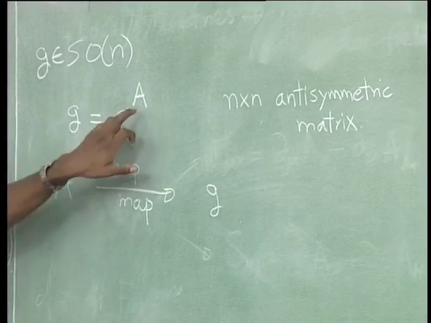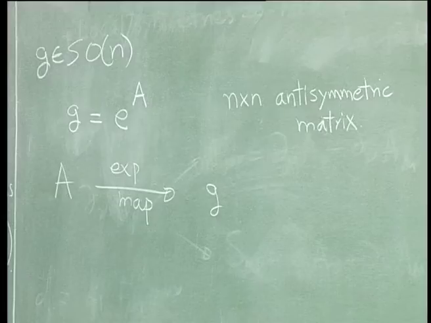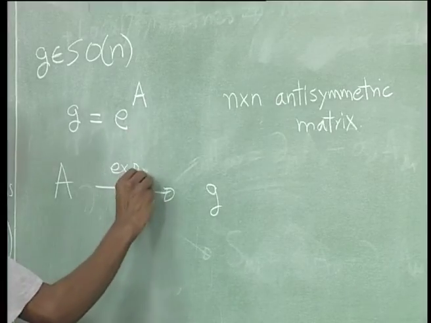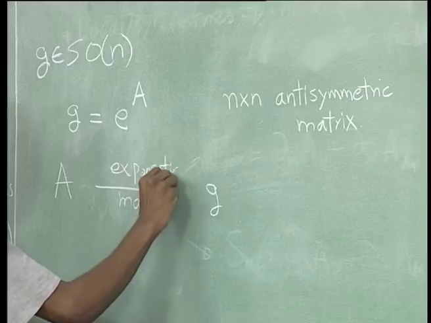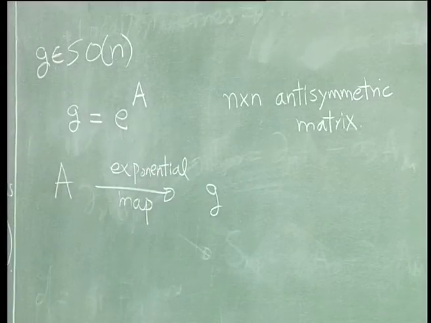Not that it gets easier here, but at least we can write something formally, and in some cases we can actually write the answer fast. So the exponential map is a very important ingredient in this whole connection.